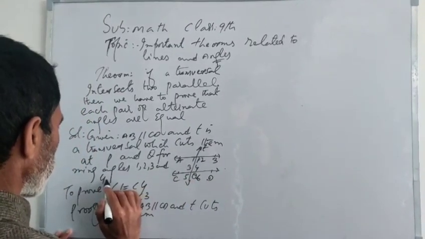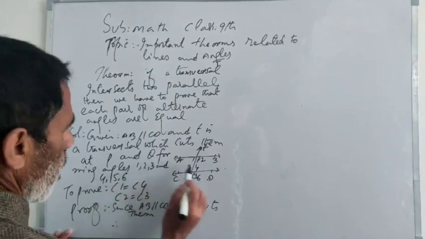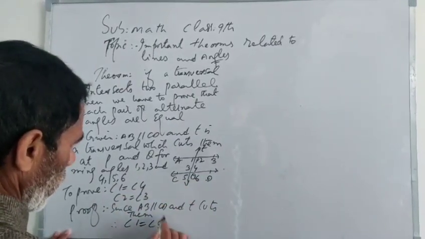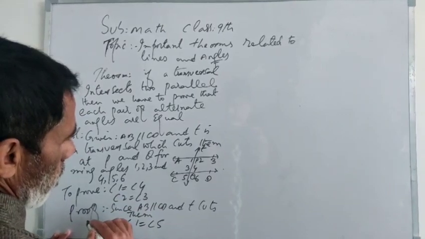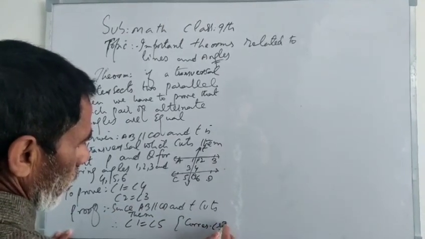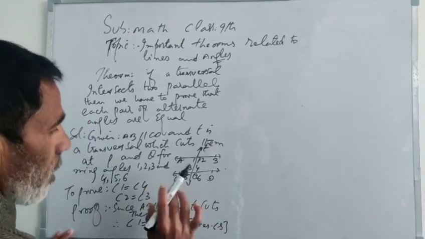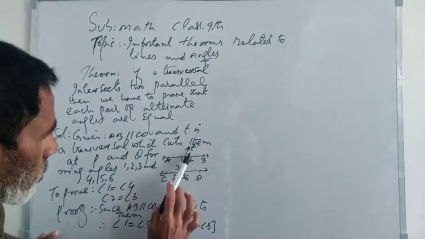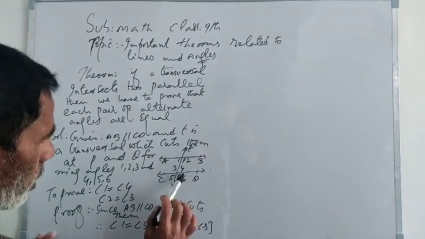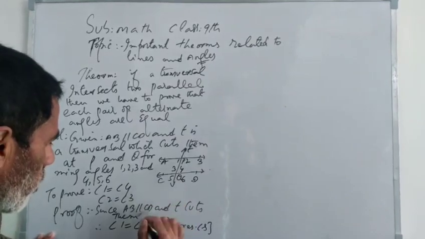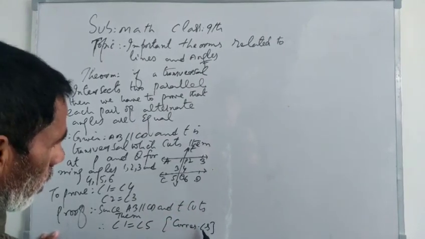Angle 1 will be equal to angle 5. These are corresponding angles, because when parallel lines are intersected by a transversal, corresponding angles are equal.